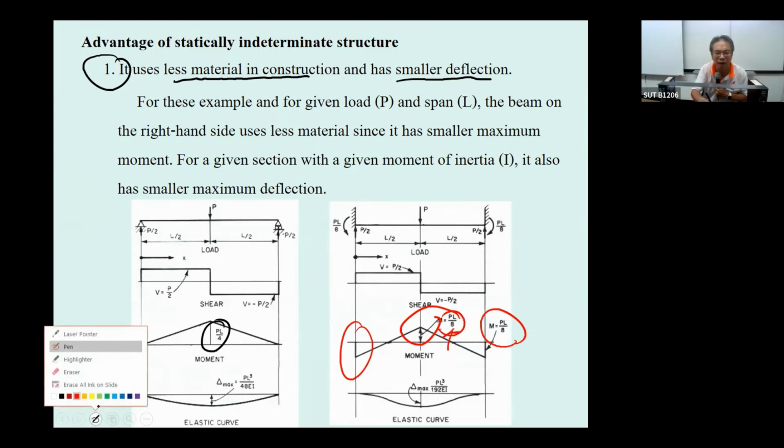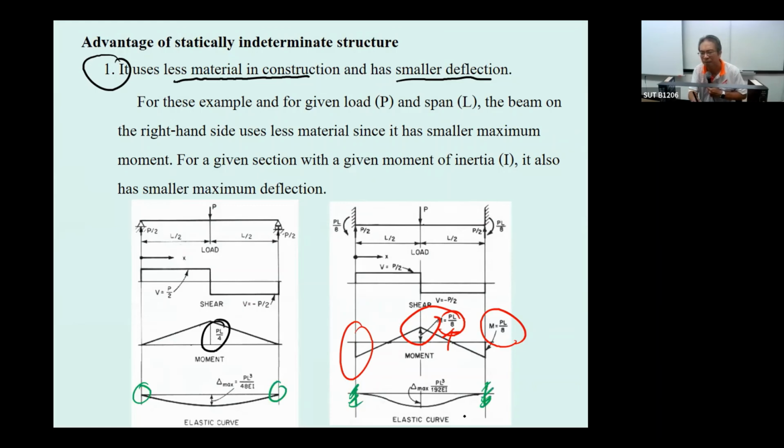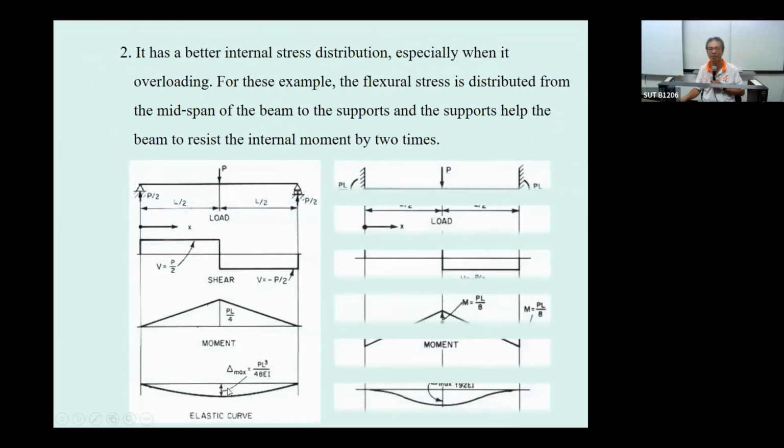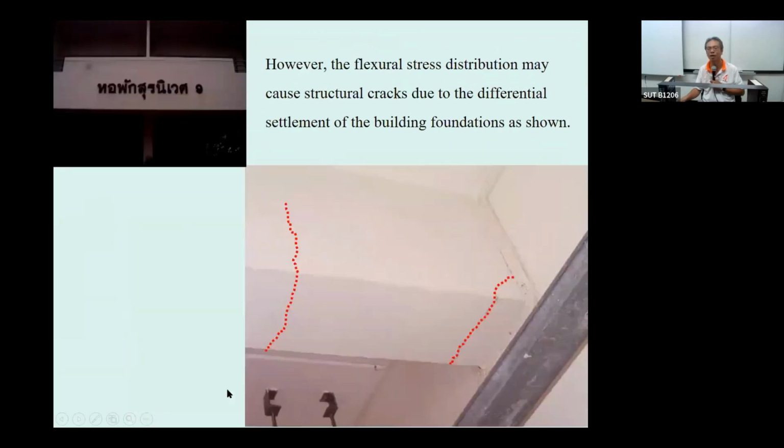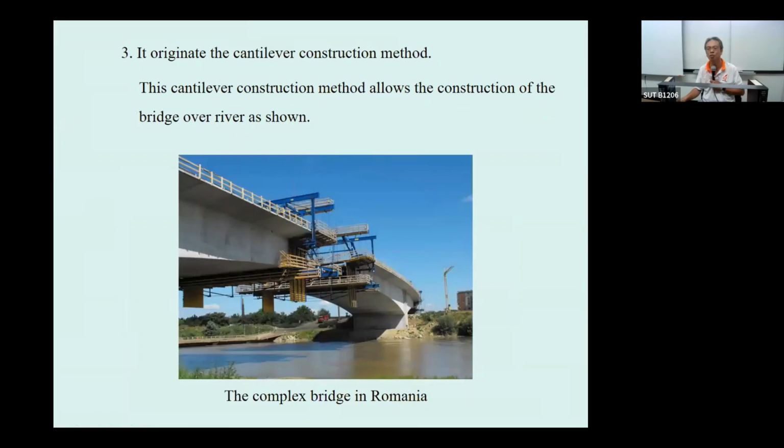And due to the constraint at the supports, the fixed supports constrain the beam a lot. The deflection of the indeterminate beam is only 1/4 of the determinate beam. You can see this smaller deformation, smaller moment.